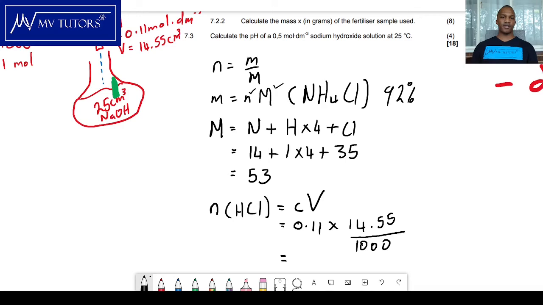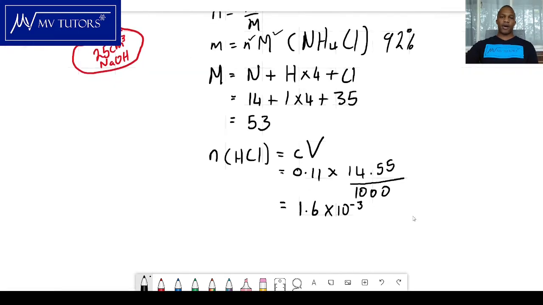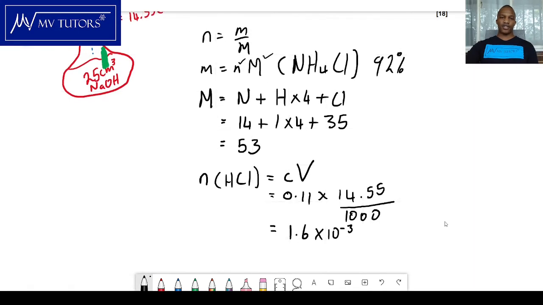That gives us, I don't like it in this form, but anyway, it's more accurate. It's 1.6 times 10 to the power minus 3. Cool. So these are the number of moles of HCl.